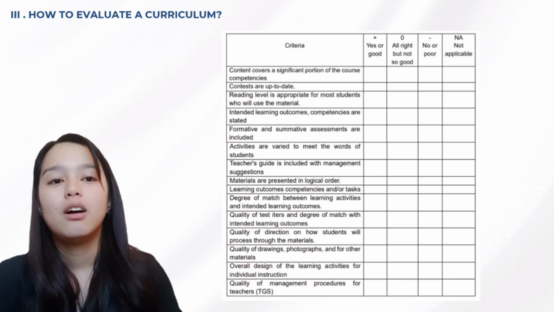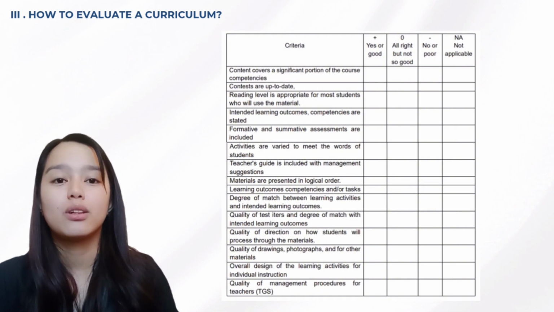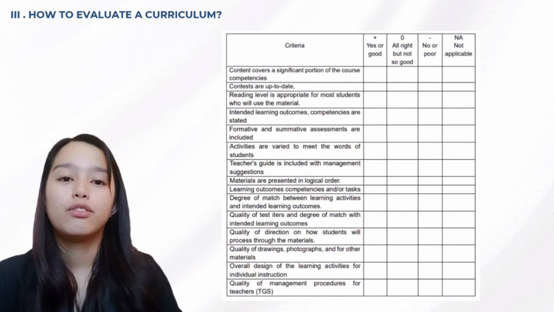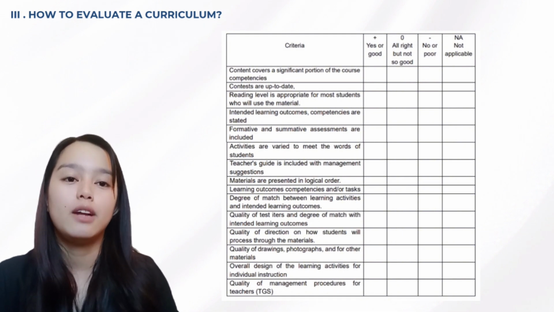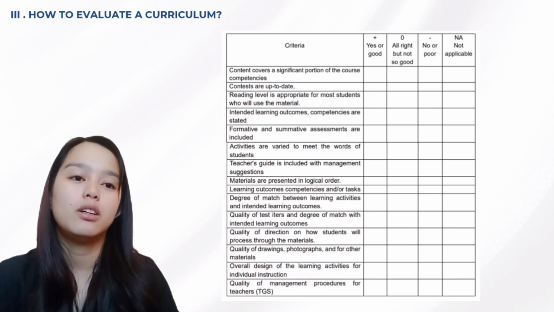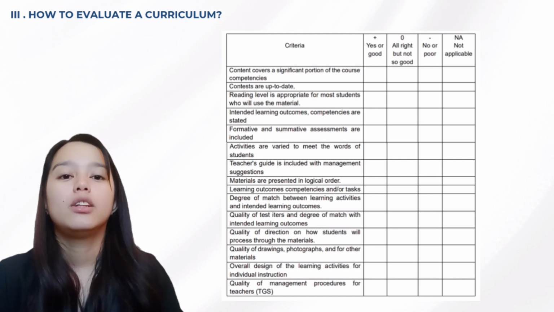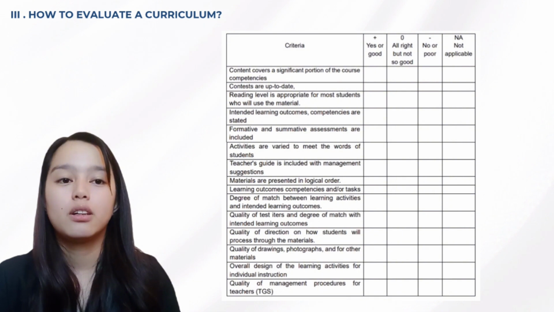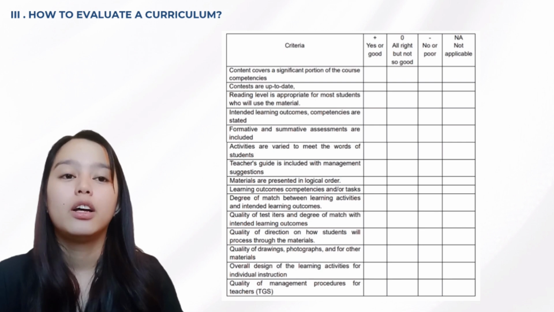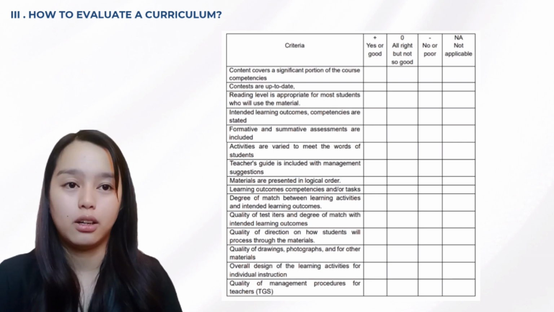Assessment quality: are tests and exercises included and useful? And of course, we have here instructional design: are lessons logical and varied? And teacher support: are teachers' guides included? Those are parts of the checklist for this model.